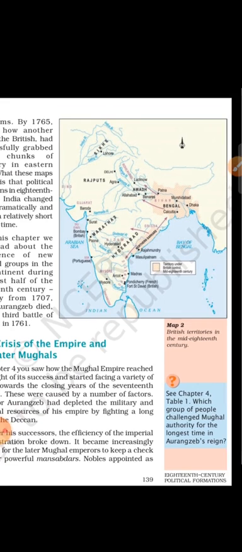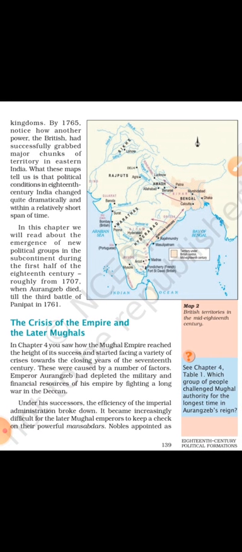Now a little bit we learn about Jahangir's time. Sir Thomas Roe and Sir William Hawkins came here, and in 1600 AD the British East India Company was established.